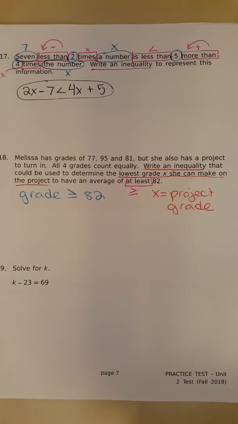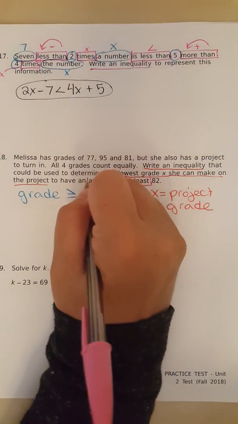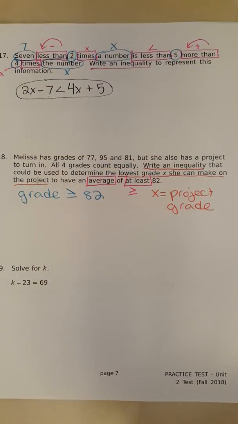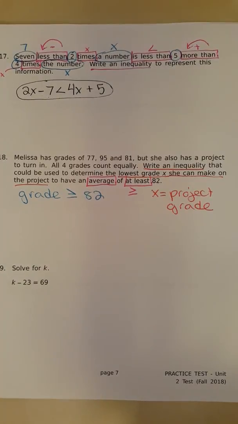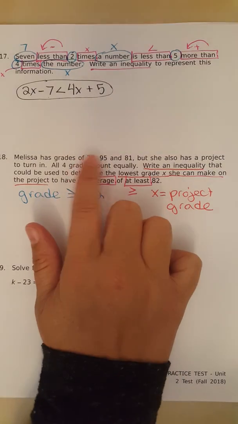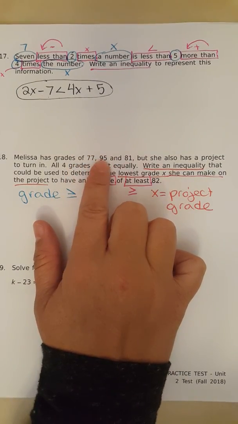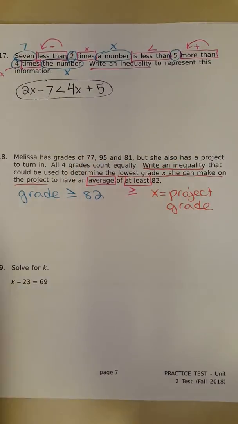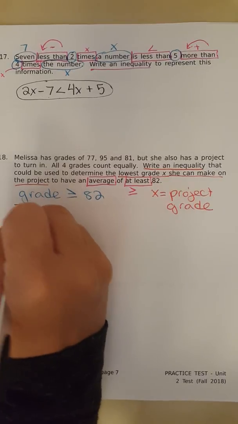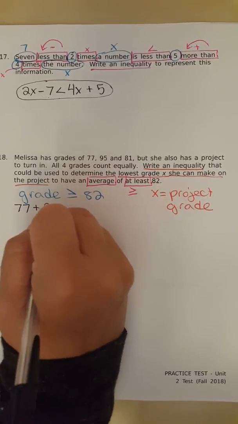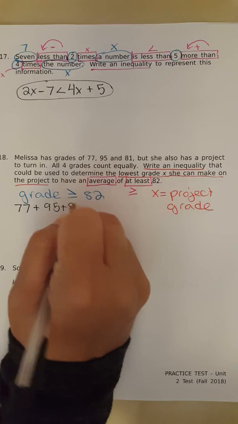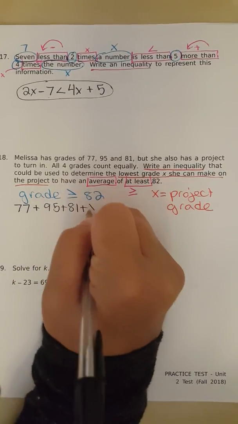Now to find her grade, it says we are taking an average. To average, we're going to add the numbers together and divide by how many there are. So she's averaging these 3 grades that she already has and this mystery project. So we're going to add these together, 77, 95, 81, plus this project grade.